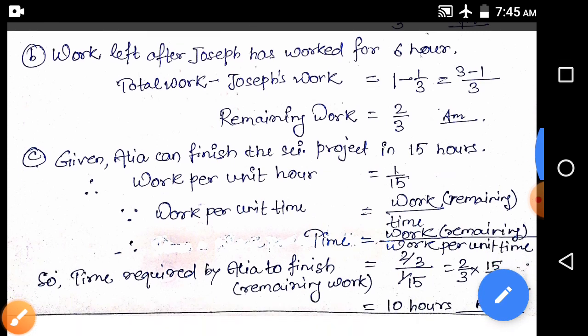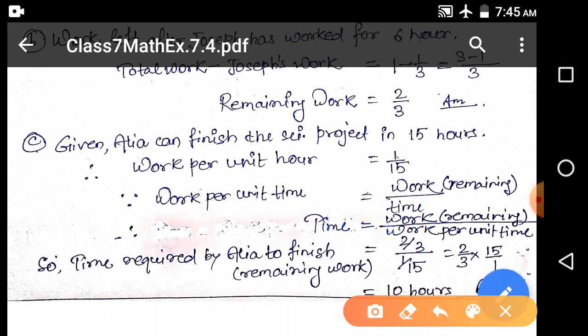Now come to the formula. We have the relation that work per unit time is equal to work by time. Here we are considering the remaining work. From the same relation, if we take the time, it is the work divided by work per unit time. So this is the relation we will use here.